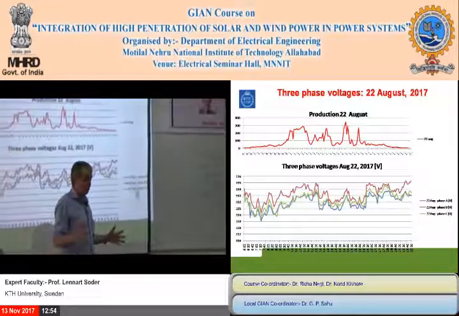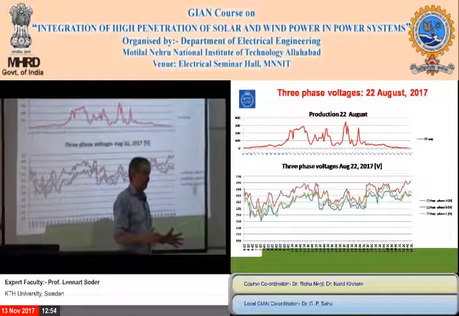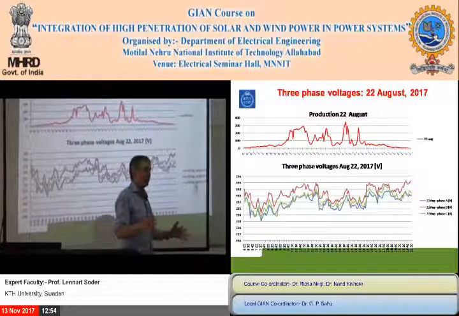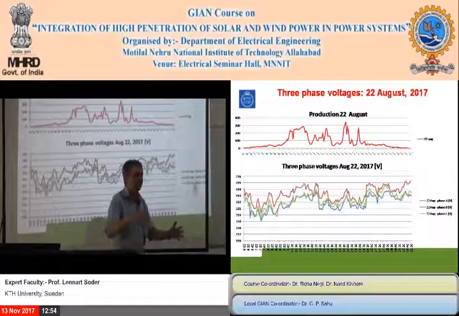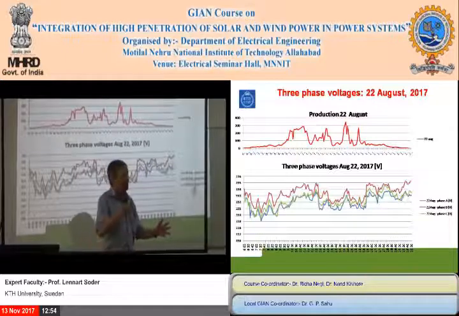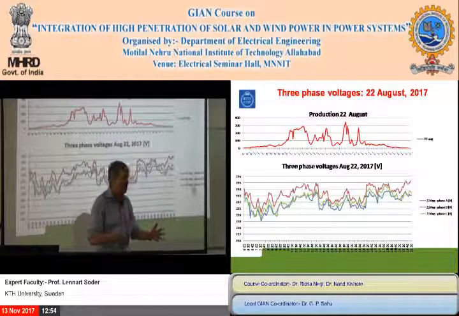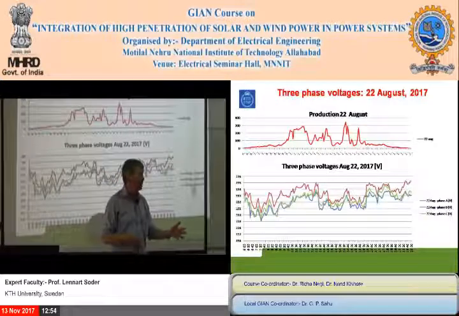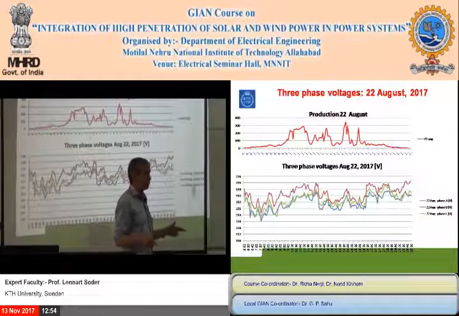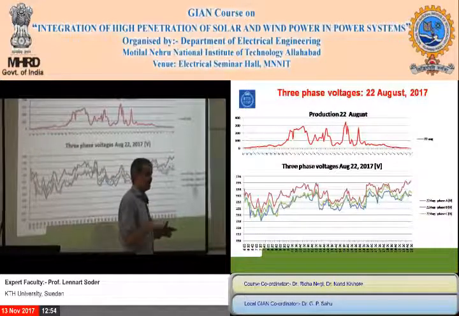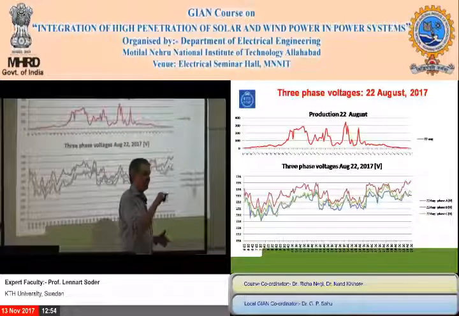So you are only allowed to export a certain share. That will of course limit the amount of solar power you can have. But on the other hand, if you have a battery then you can store the surplus and replace your own consumption at another time. Because the big variation I showed you here is not hourly changes. It's changes from minute to minute.